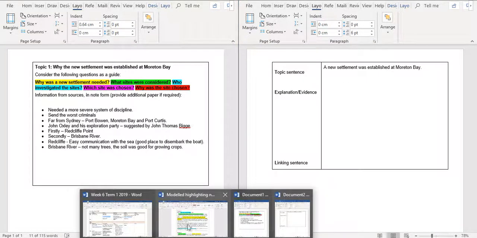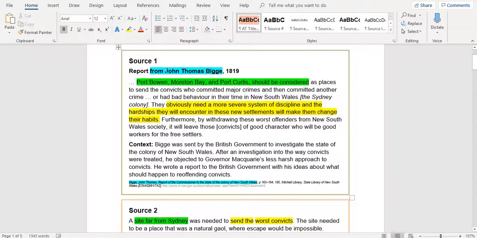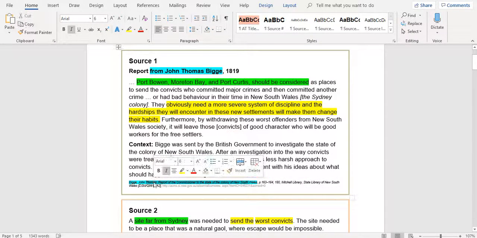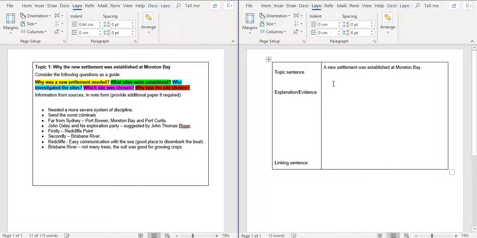If we look back at our notes, we can see that John Thomas Bigg said in his report down here in the blue that they obviously needed a more severe system. So that's our evidence there.